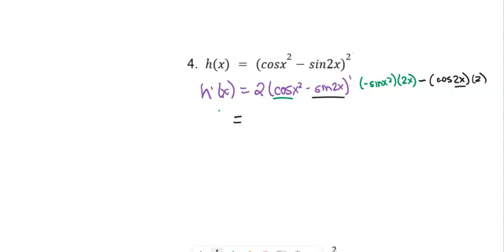Now I'm going to clean this up. I have a negative 2 here that I could factor out if I wanted. I probably should do that. So I'm going to bring that up to here. And I've got an x there too. I'm going to include that, this 2x.